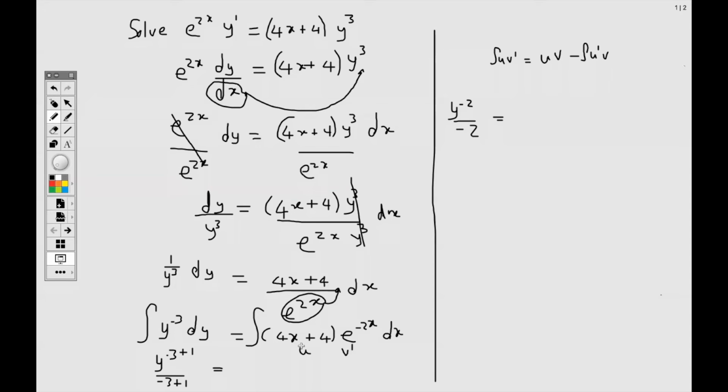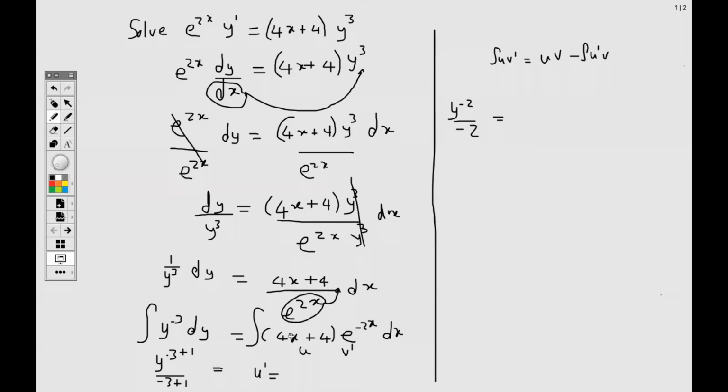I always say to students, assign the one that becomes a constant to be u. However, not all the time we can do that, but most of the time we can. So this will differentiate to become a constant. What is my u prime? U prime is differentiating this.